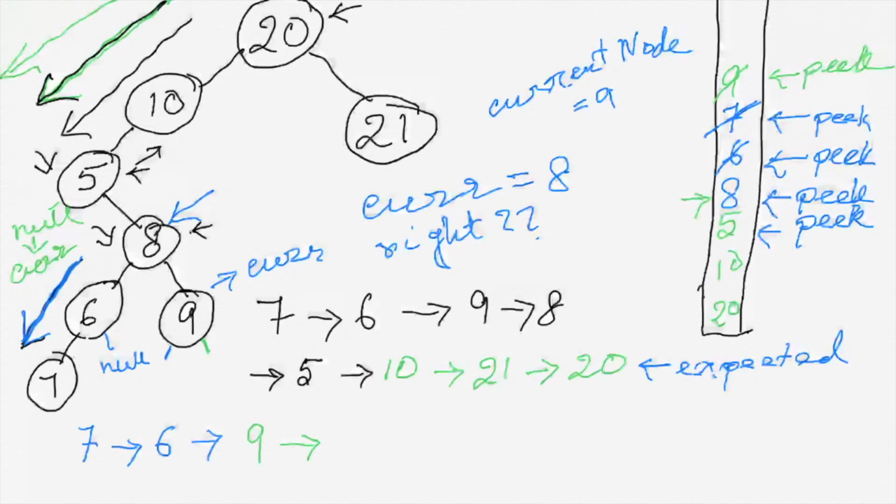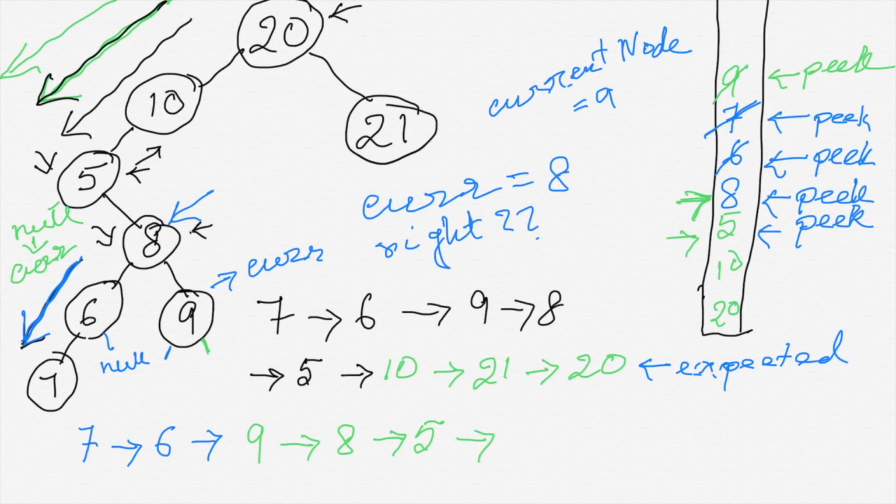Its left and right child have been processed, so we poll this node and we go back to 5. Its left and right child have been processed. We poll this node as well, and we print it.